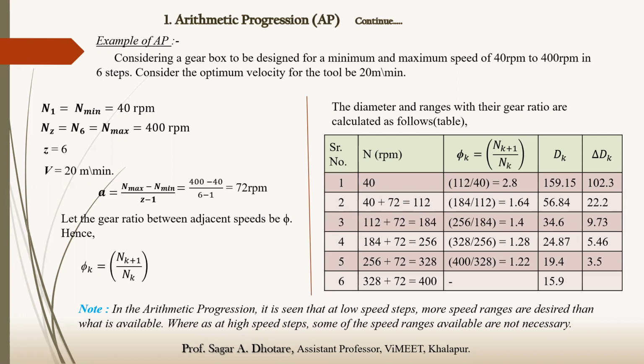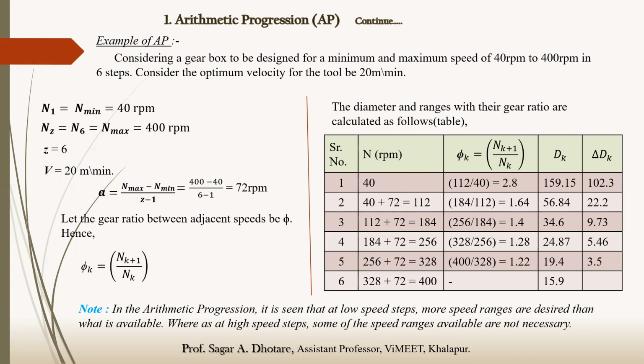So the constant variation means you can add 72 rpm in each stage. Refer to the table shown on the right side. The diameters and ranges with the gear ratio are to be calculated in tabular form.